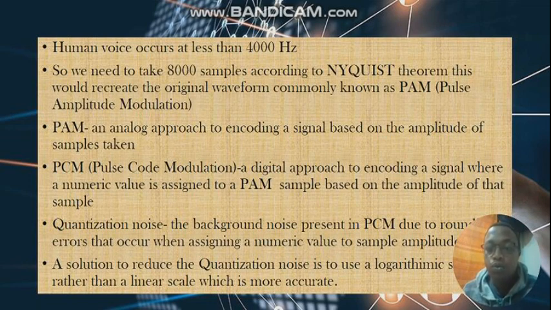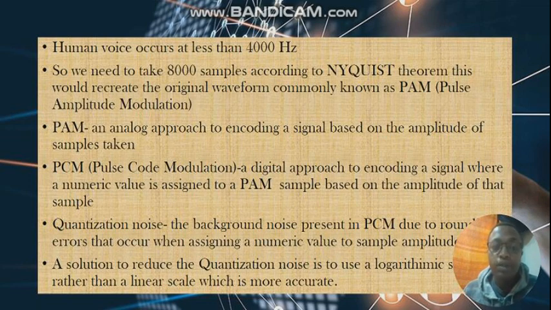So if we were to follow the Nyquist theorem, then we would have to take 8000 samples per second in order to recreate a human voice. And this is commonly known as pulse amplitude modulation, which is an analog approach to encode a signal based on the amplitude of the samples taken.